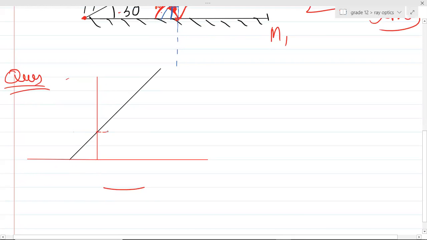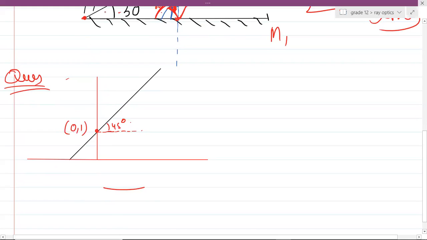So see this particular thing, guys. The mirror is inclined at an angle of 45 degrees, and it is passing from 0 comma 1. Yes or no? And this is your mirror. This is the reflecting side, and this is the non-reflecting side.